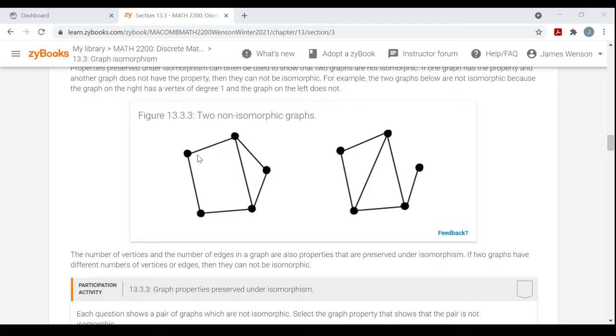But look at all these vertices: degree 2, degree 3, degree 2, degree 3, degree 2. This graph has no vertex of degree 1. This graph has a vertex of degree 1. So they cannot be isomorphic. You will never be able to relabel these vertices so that you get the exact same structure as this graph over here. Again, that's because degrees are preserved under isomorphism.